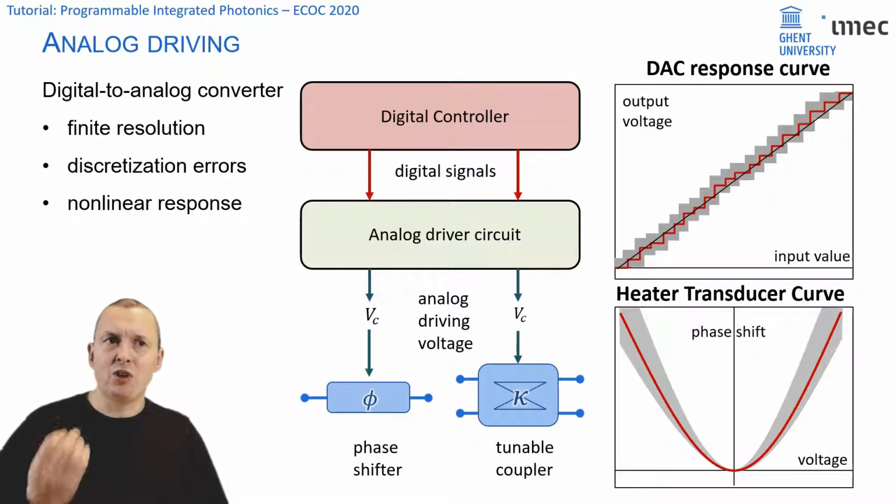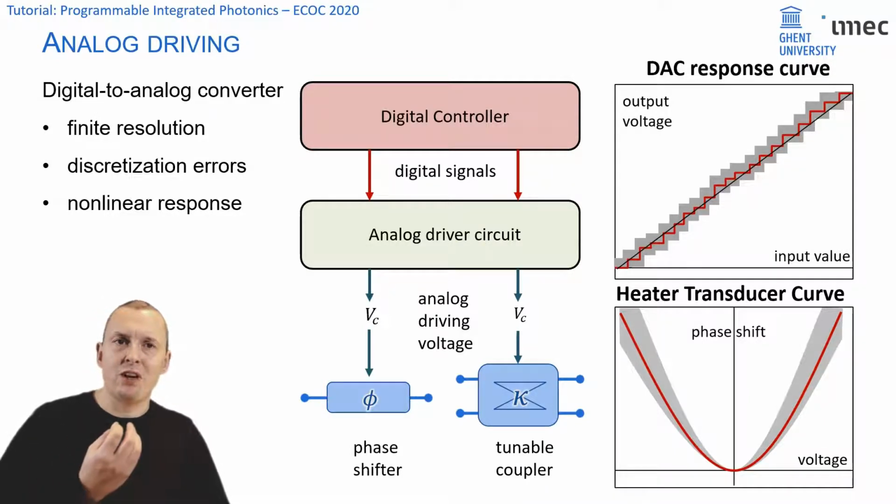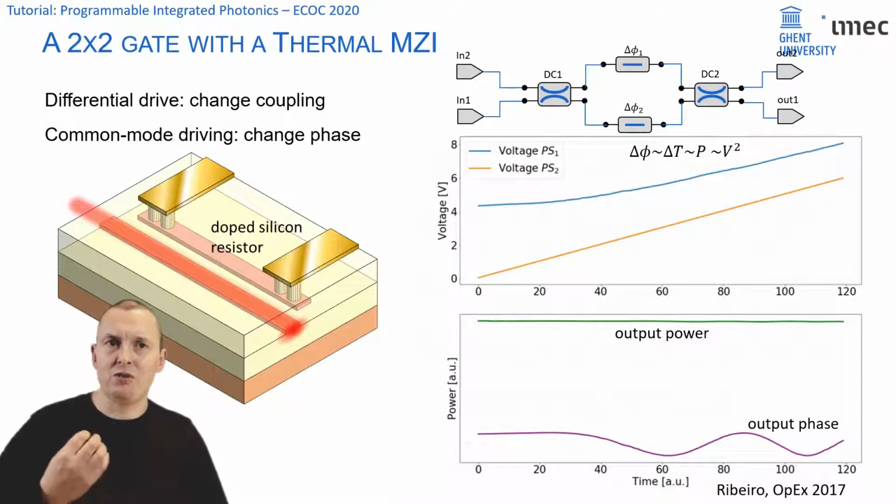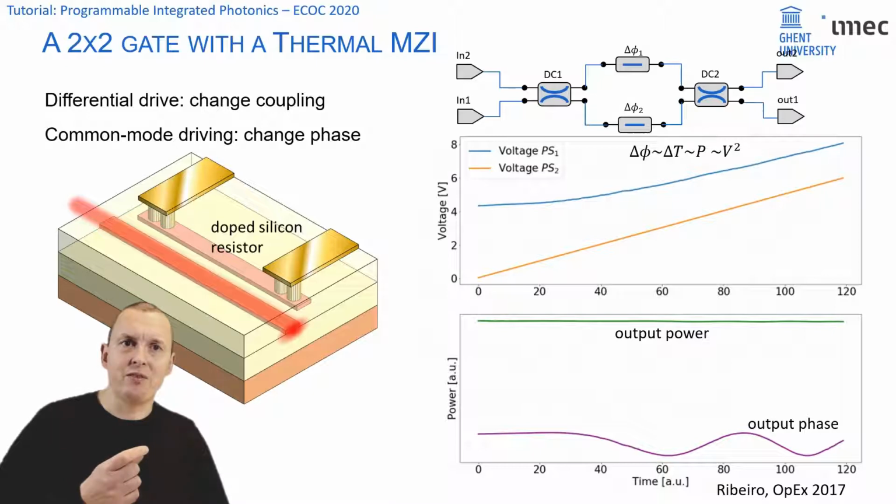And it becomes more complicated because if you are driving multiple heaters together, that quadratic response curve makes your life quite difficult. For instance, if you have 2 heaters in the same Mach-Zehnder interferometer and you want to drive them both together so that they induce a phase shift but don't change the coupling, you want to drive them with the same phase shift while maintaining a fixed delta phi, a fixed phase difference.